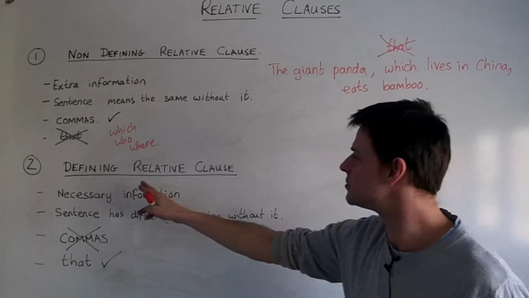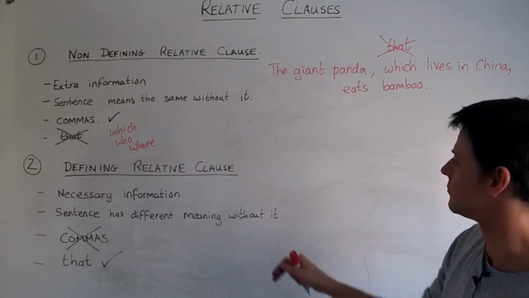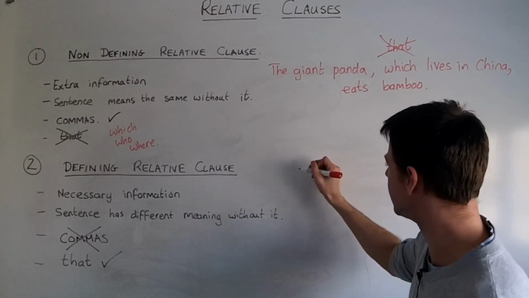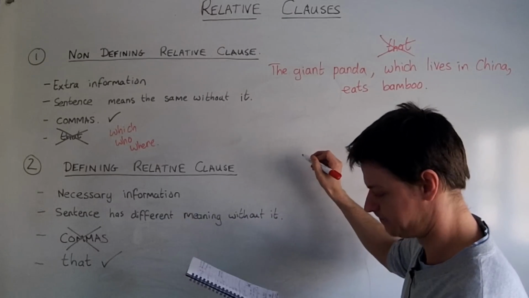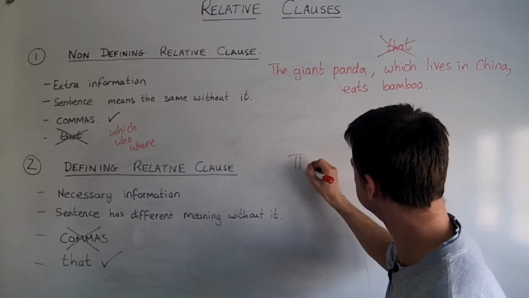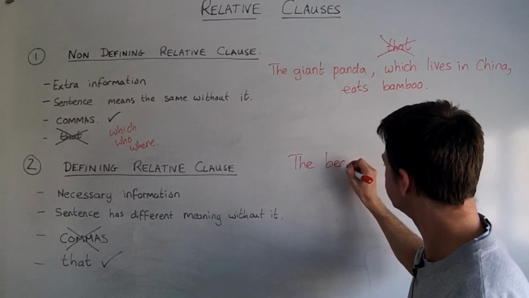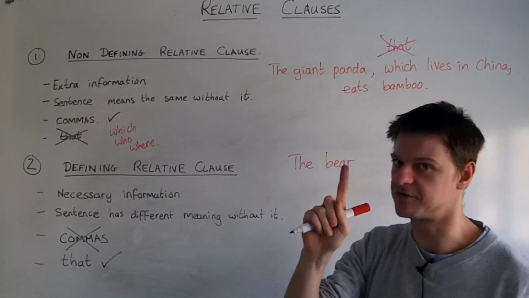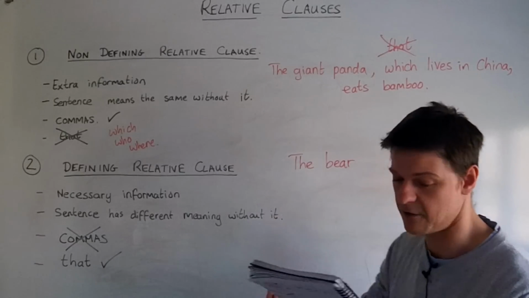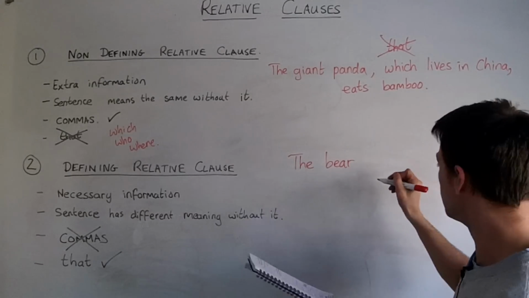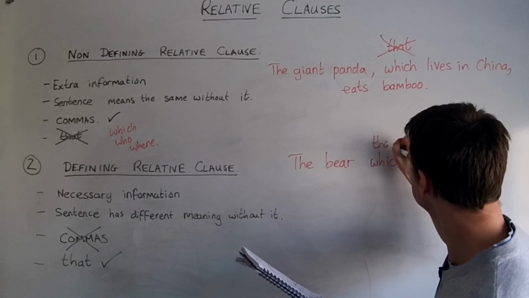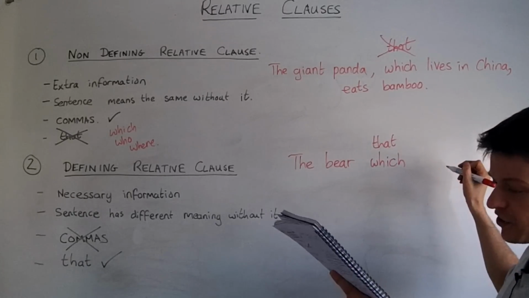Now, if we look at defining relative clauses, you need to start with something indefinite, like the bear. Now this is indefinite, and we're going to define it with the relative clause. Now we're going to define which bear. We're going to say the bear which or that lives in China.